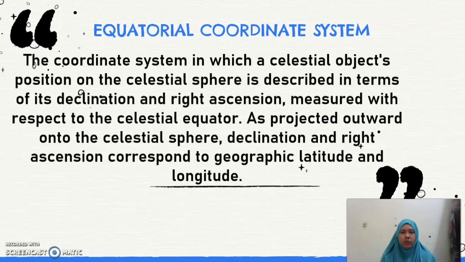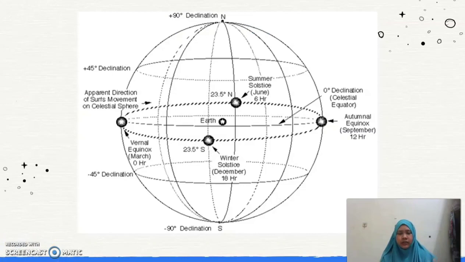As projected outwards onto the celestial sphere, the declination and right ascension correspond to geographic latitude and longitude. In the diagram, we can see how the equatorial coordinate system can be used.